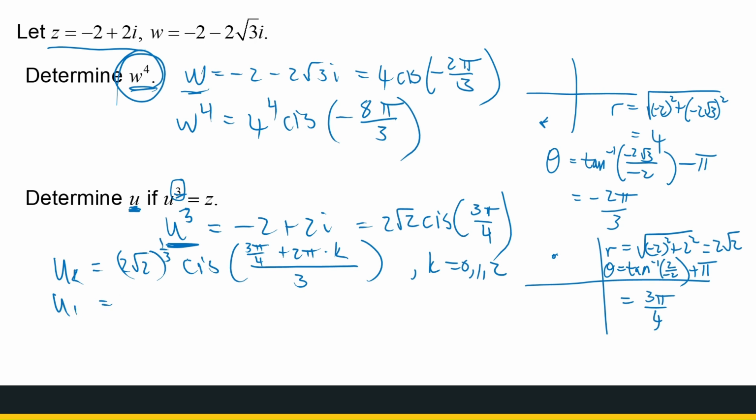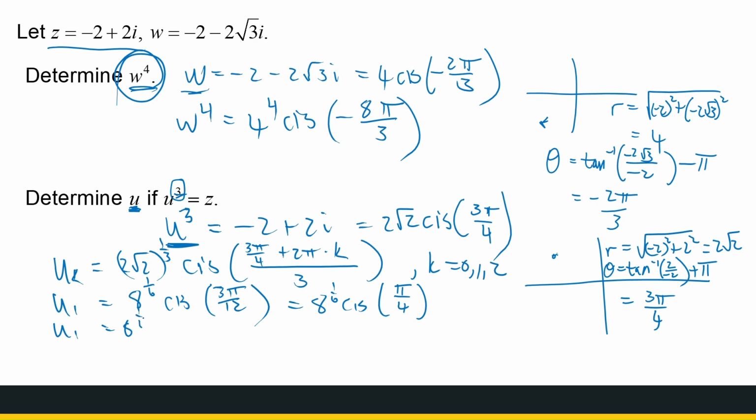So u0. Now this is a bit ugly, but messy. I think 8 to the power 1 over 6 is a little bit tidier. Cis, k is equal to 0, so it's 3 pi over 4 over 3. So it's 3 pi over 12. I'm just going to write that, but we can simplify that as 8 to the power 1 over 6 cis pi over 4.